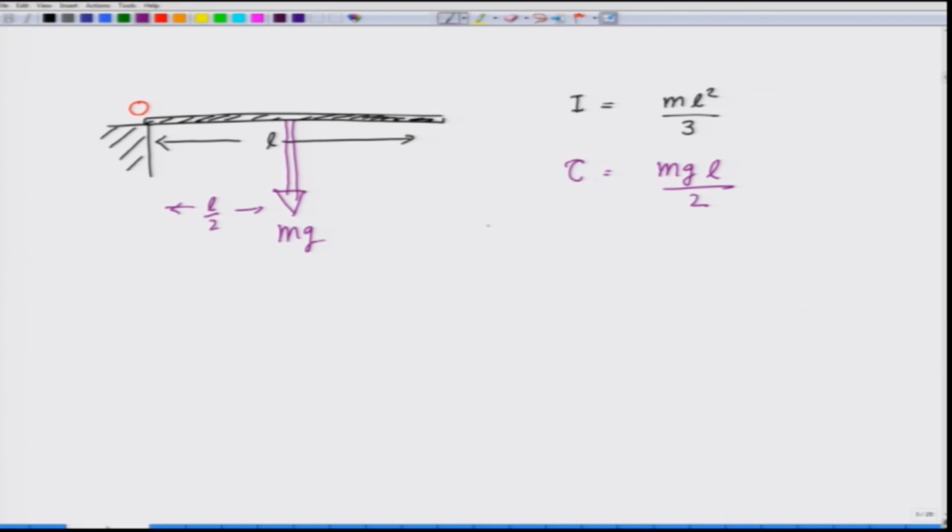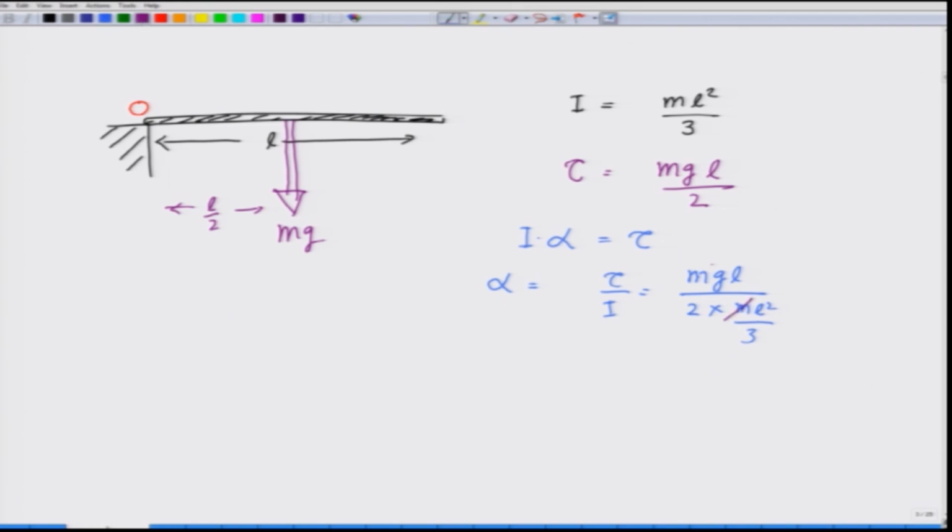Now, what we have learned about rigid body dynamics tells us that I times the angular acceleration alpha is equal to tau. Therefore, alpha in this case is tau over I, which is mgL by 2 divided by mL squared by 3.